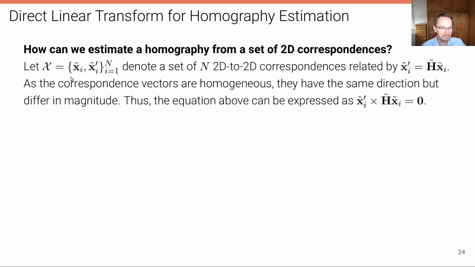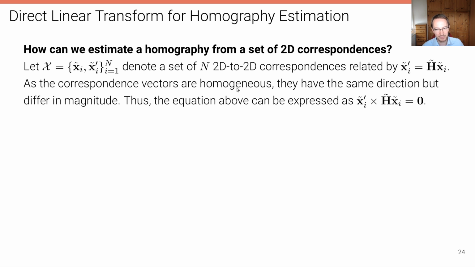So let x denote a set of n 2D to 2D correspondences related by this homography equation in homogeneous coordinates, where x tilde is the ith point before the transformation, and x tilde prime is the point after the transformation. We need at least n equal 4, but we can have more. We can have an overdetermined system to obtain a better homography.